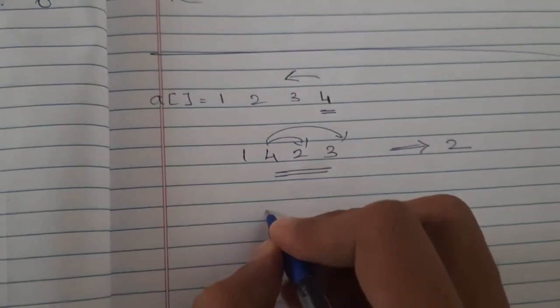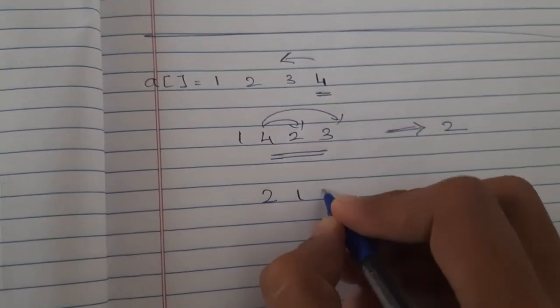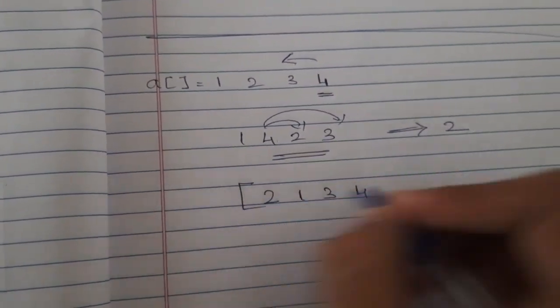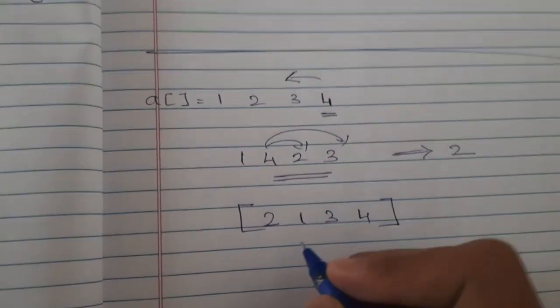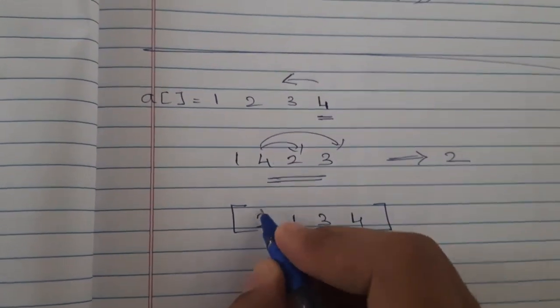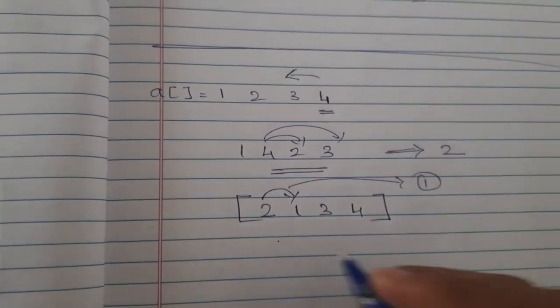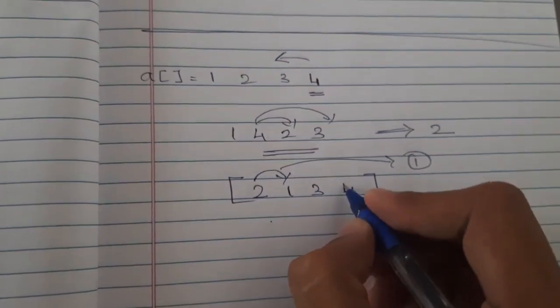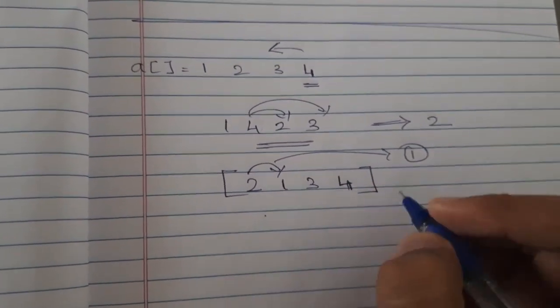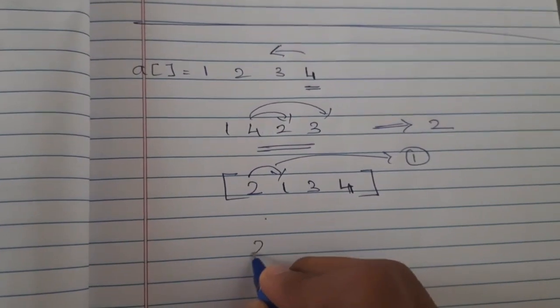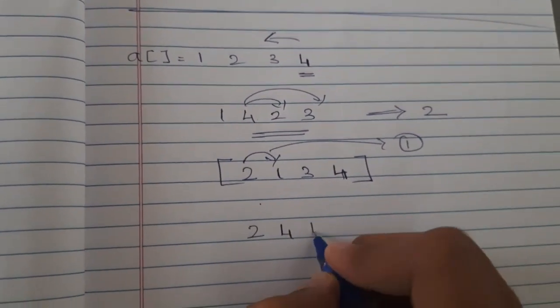Let's take another example, 2, 1, 3 and 4. Let us consider this as an array. The number of inversion pairs we got is 1. Now let's try to shift the 4 leftwards, which will be 2, 4, 1 and 3.